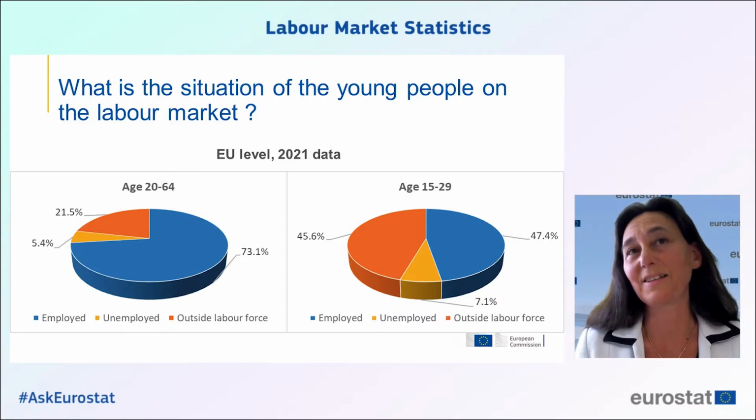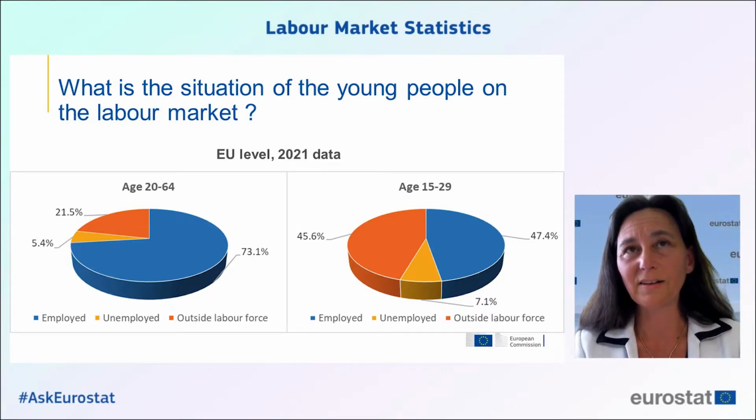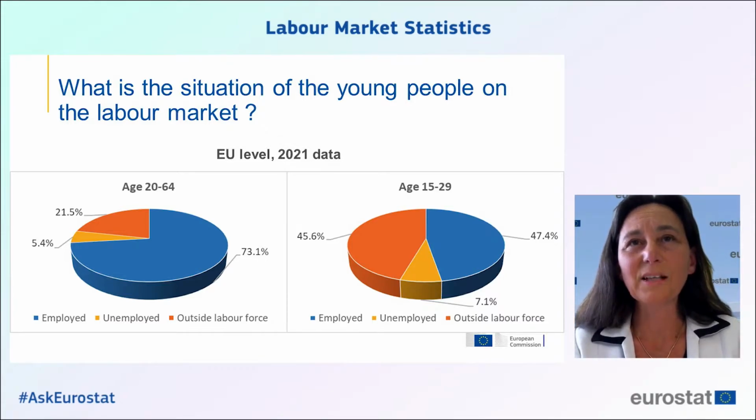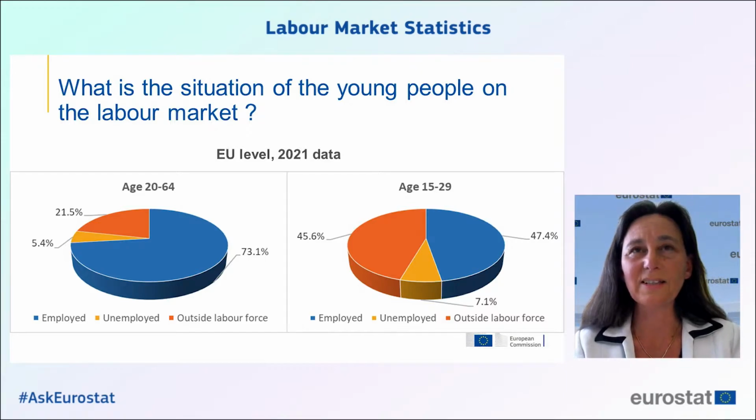So I take this age group as the reference. And here in the graph at the left side, you can see the repartition of the population aged 20-64 in terms of labor market.